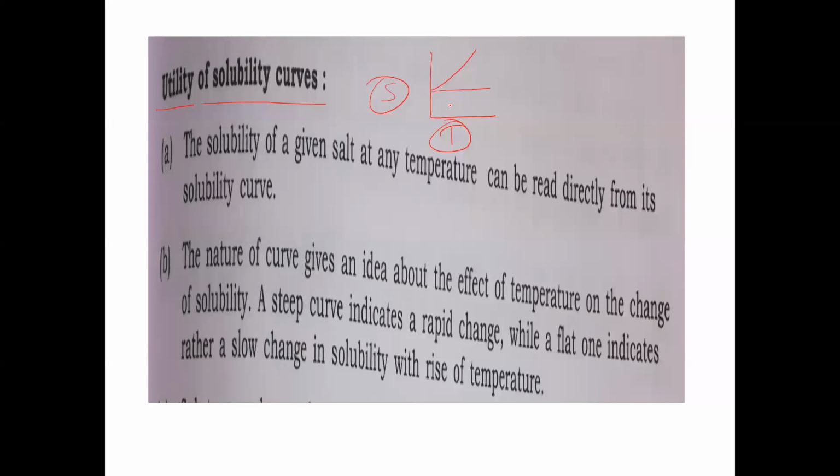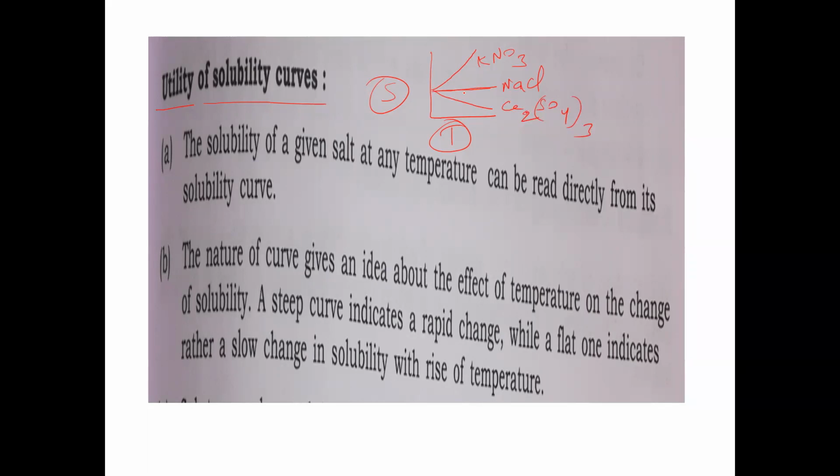Suppose you take KNO3: its solubility will increase when temperature increases. For NaCl, the solubility remains almost the same. And in case of cerium sulfate, the solubility will decrease when temperature increases.